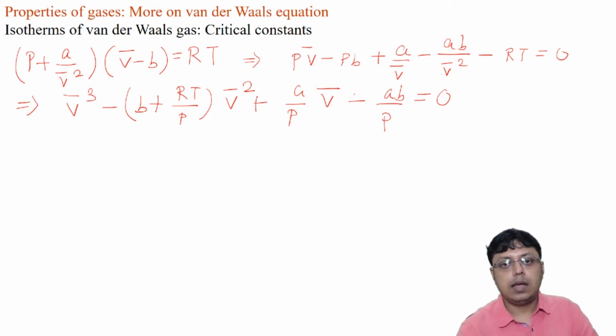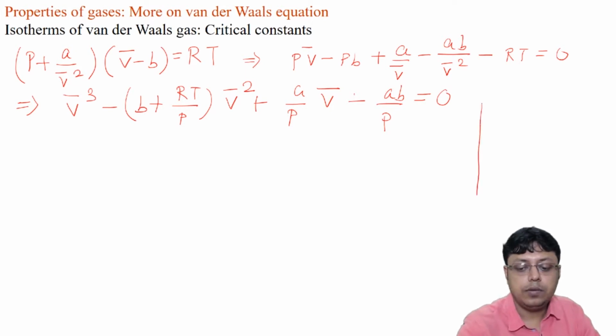Now you see that the van der Waals equation of state is actually cubic in molar volume, and that was the reason why we got three different volumes for a particular pressure.